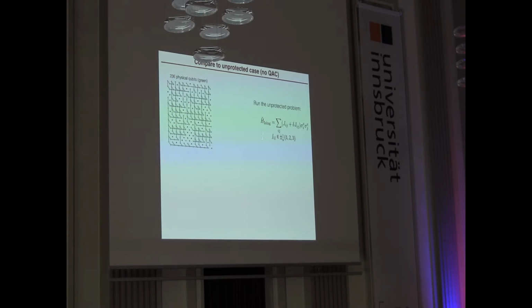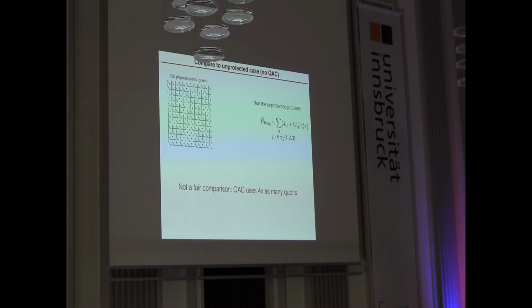So we could let the machine solve this problem and, again, add noise to it like before. But this wouldn't be fair, this kind of comparison. Right? If I just run one copy of the problem, I'm not making a fair comparison because I gave the QAC scheme 4 qubits. Right?